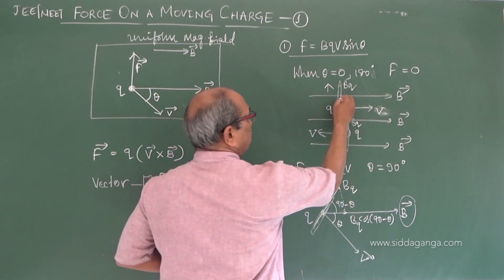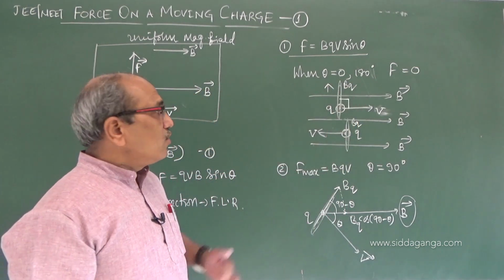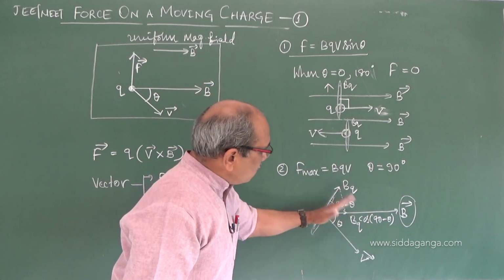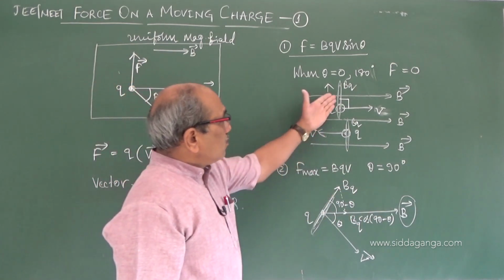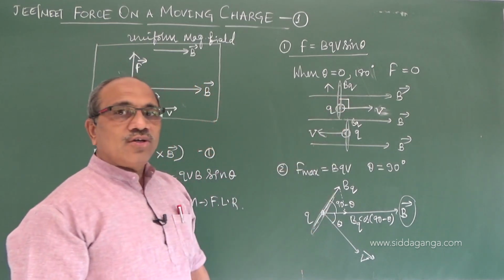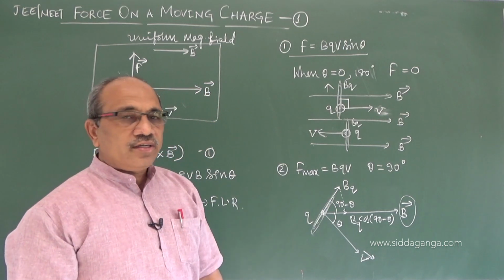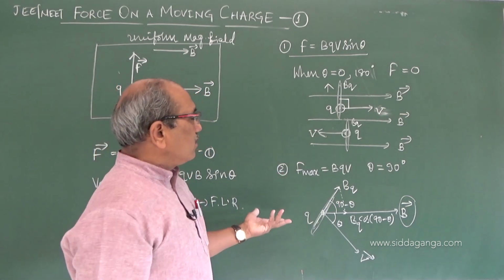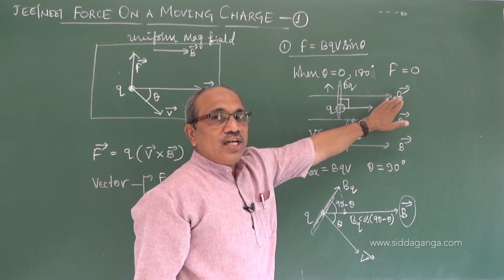What is the angle between B_Q and B? It is 90 degrees. What is the interaction? What is the component, cos 90? Cos 90 is 0. No interaction at all.